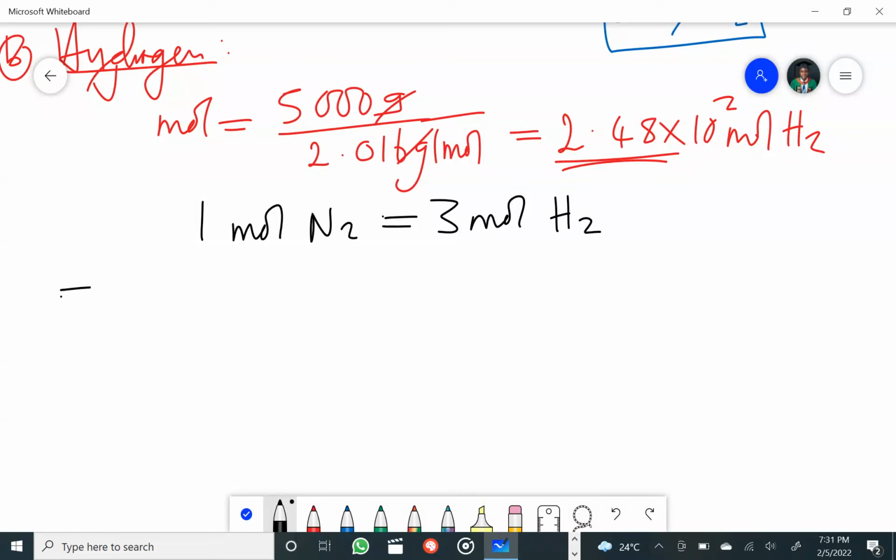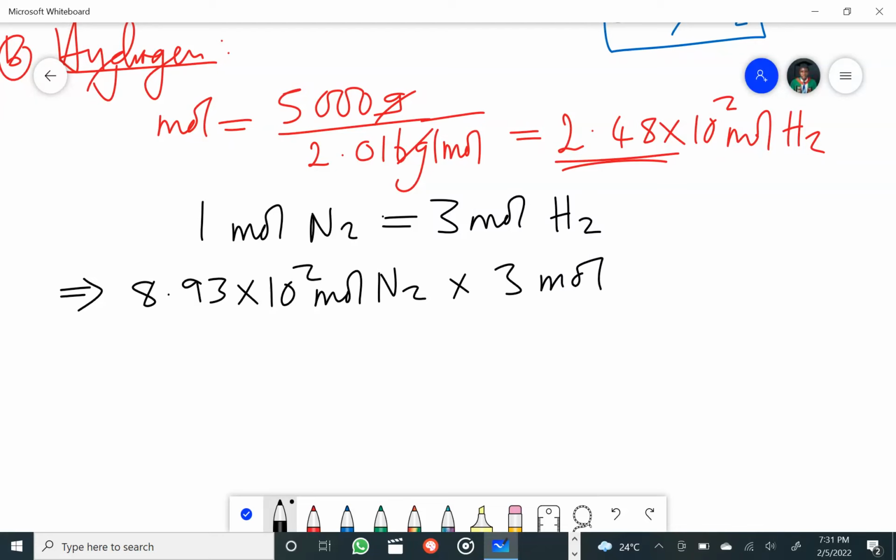In theory, isn't it? So we're going to get the moles for nitrogen, which is 893. I'm just writing it in scientific notation, like this. Then remember, the one whose moles you are finding should be the numerator, so the denominator should cancel out.